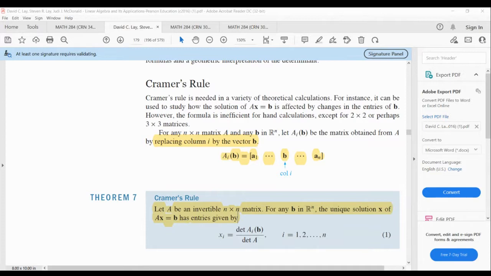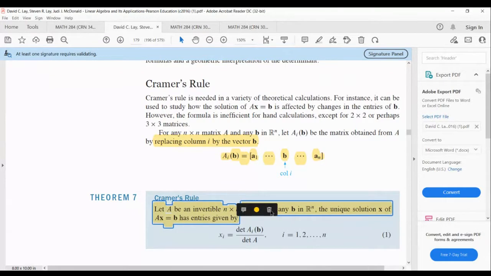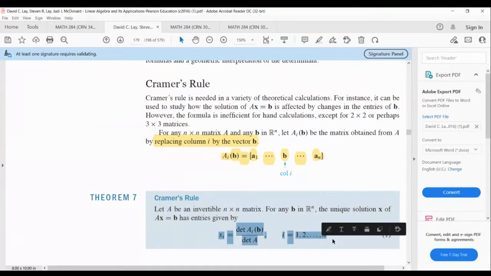So let A be any square invertible matrix. This is Cramer's rule. Then for any vector b, the unique solution x has entries given by what you see there in the formula, right there.